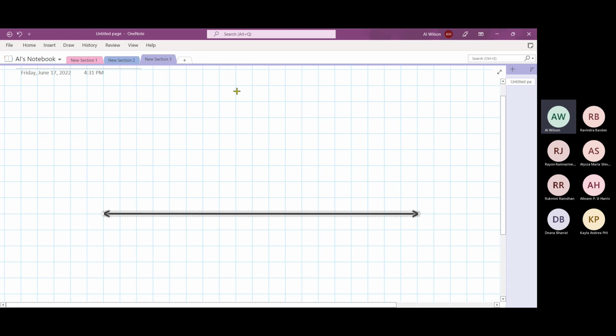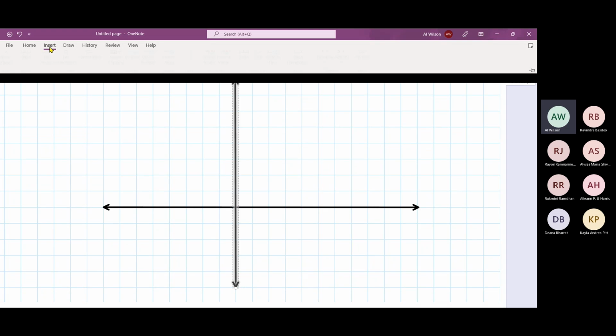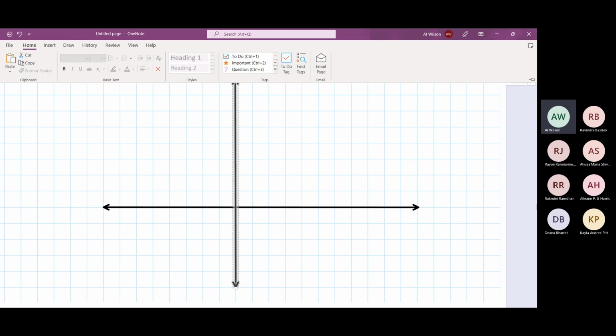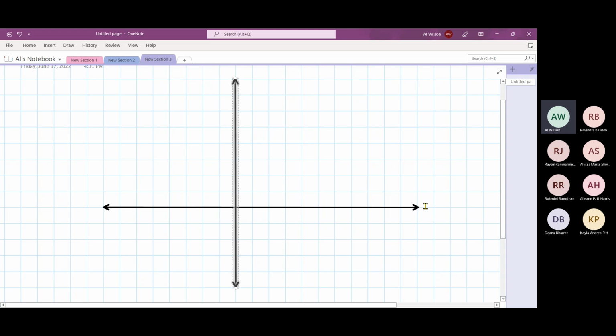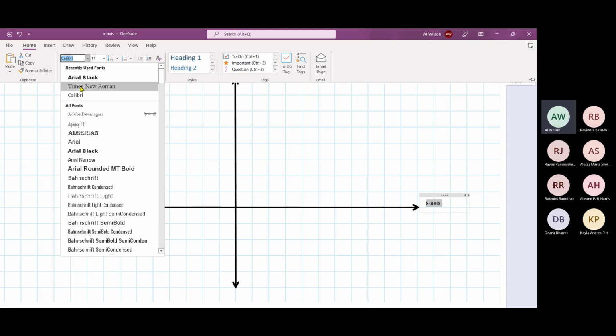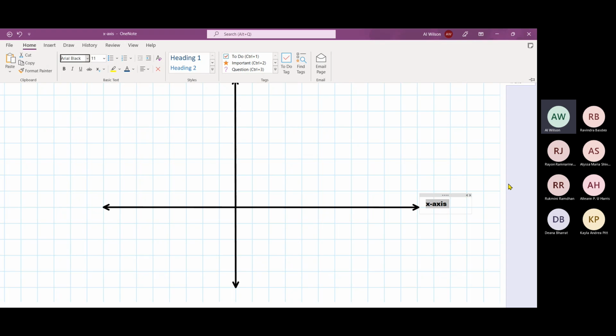So with that there, you'll need to know how you'd want your graph to look. So that's my x, and this is my y. Whenever you do up your graph, you'd want to do some type of labeling. My horizontal, you see here, I'm typing x-axis. You would always want to do that just to remember.